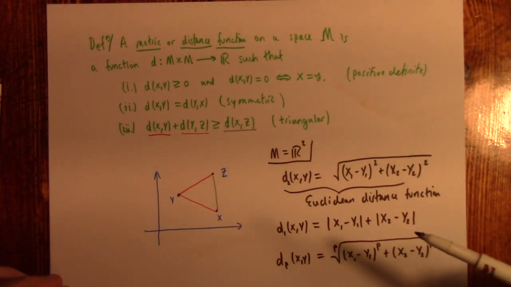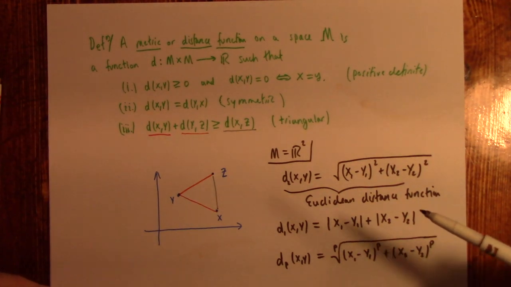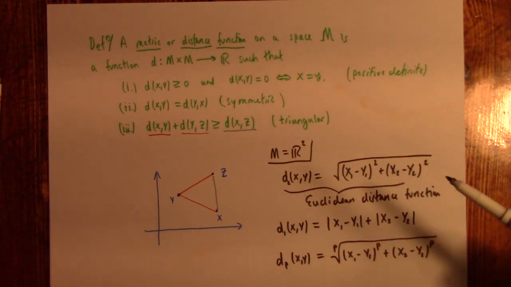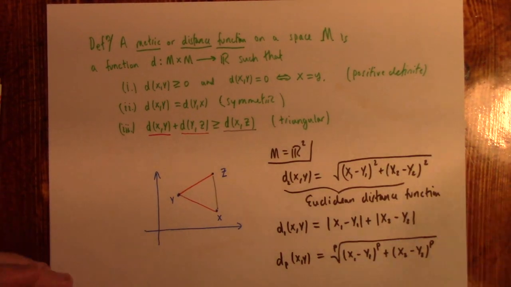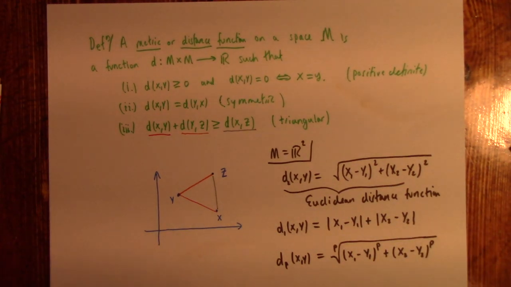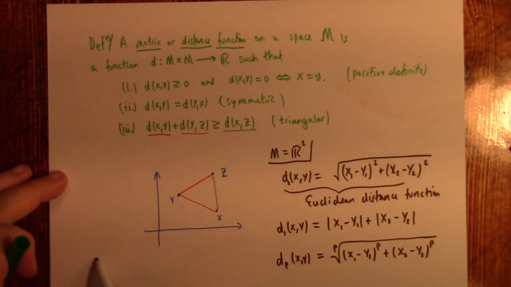Of course, then you can ask more interesting questions, like what does a circle look like in these different notions of distance? If you have a metric space, you could define a circle. Maybe a good definition of a circle centered at the origin would be this.